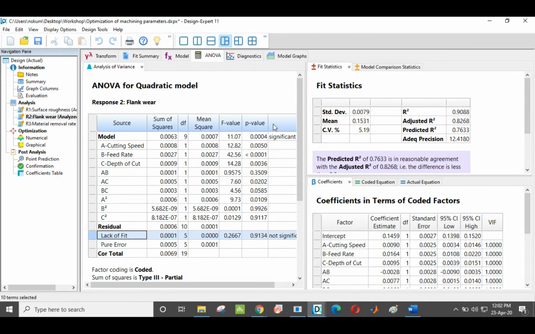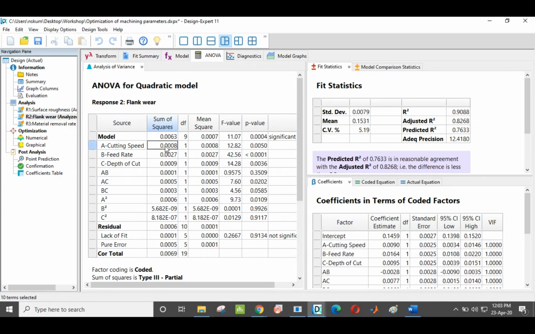So how to calculate the percentage contribution, which is a very important one. The percentage contribution of the model is equal to the sum of squares of this model, that is 0.0063, divided by the correlation total of 0.0069. For cutting speed, 0.0008 divided by 0.0069.